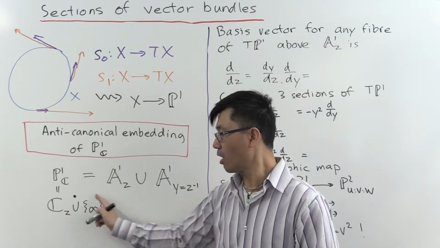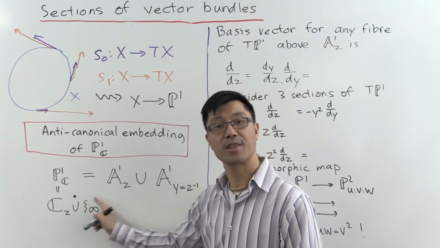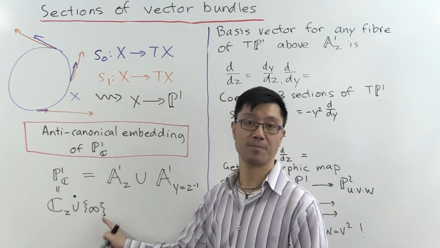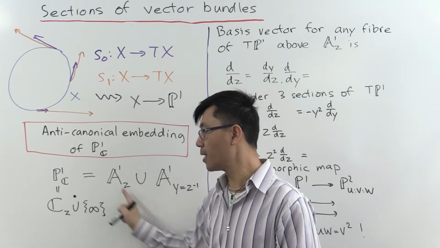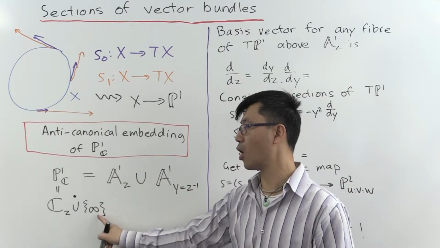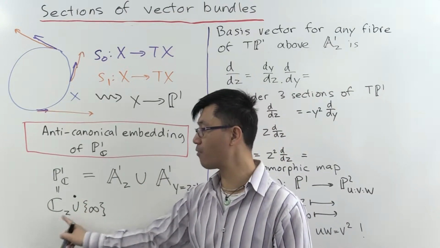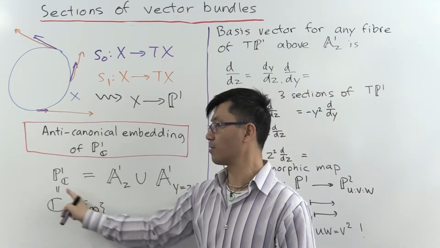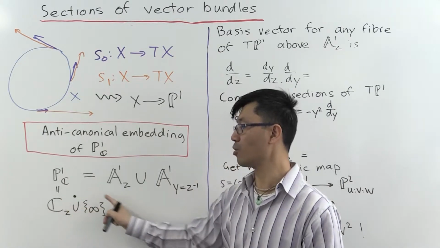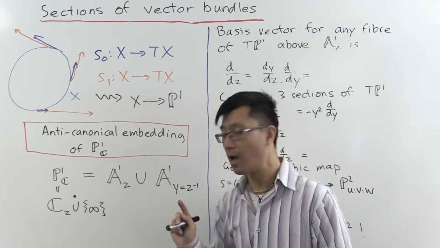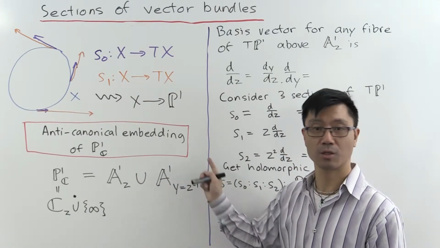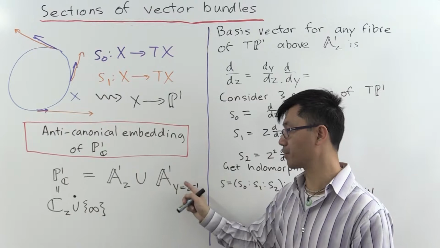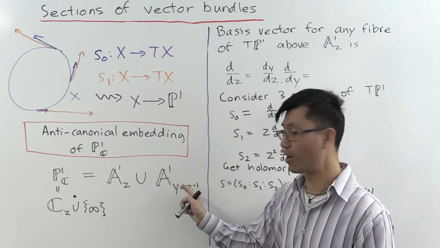Of course, when you write it like this, you don't see the manifold structure at infinity. So if you want to see the manifold structure at infinity, you need to look at an open neighborhood of this. An open neighborhood you can get by removing 0 from here, and that gives you C_z minus the 0, and you attach that to this infinity, and that turns out to be another copy of the affine line, or in other words, the complex plane, rather.